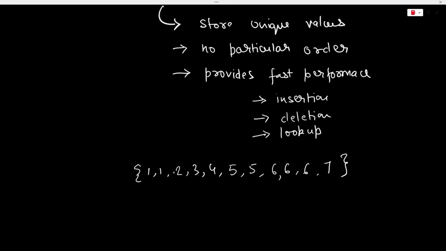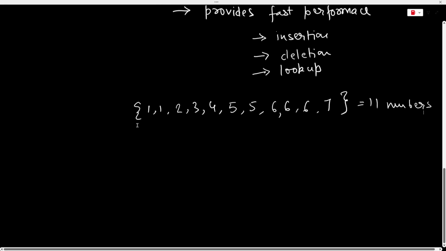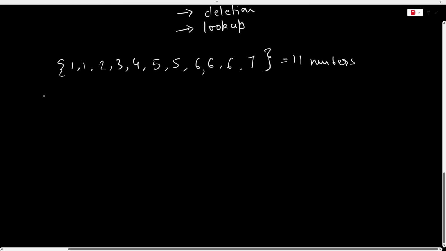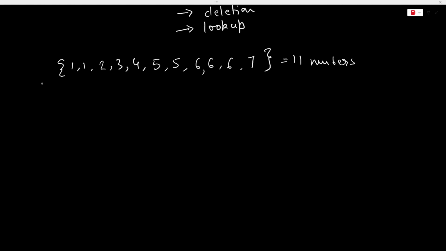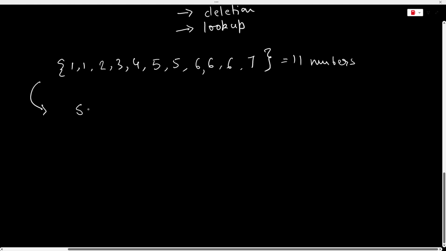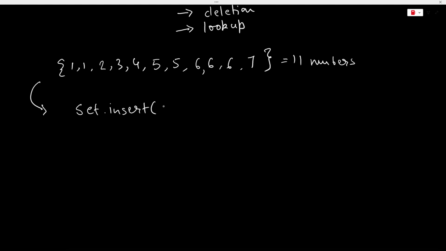So you have a total of 11 numbers, and you want to find out how many distinct numbers are present, how many of these 11 numbers are distinct. So what you can do is start inserting these numbers one by one into our hash set.